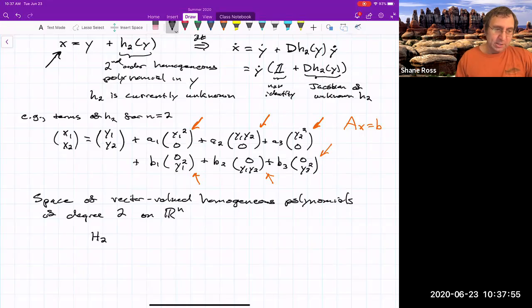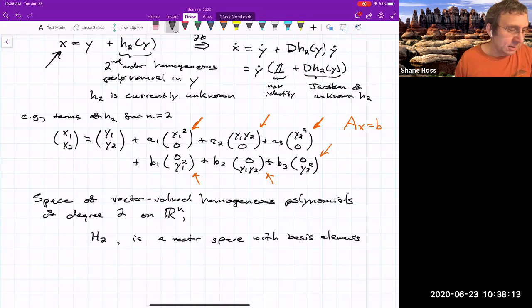We'll write it as capital H2. It is a vector space with basis elements. And here is basis element P_j. Yeah, I think it's capital P_j. So here's one of the basis elements.